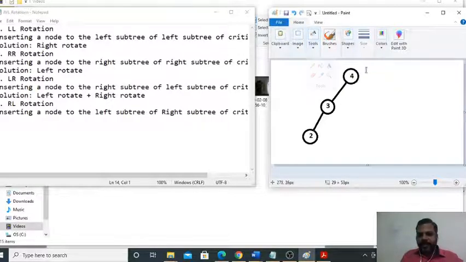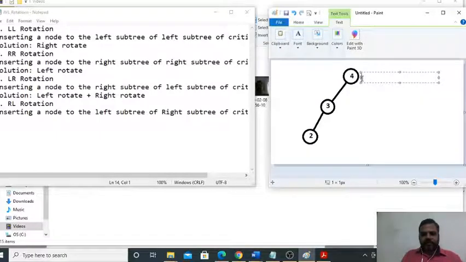Then we add the balancing factors. The balancing factor of 4 is 2, because the height of the left subtree is 2, minus the height of the right subtree of 4, which is 0. There is no right child to 4, so 2 minus 0 is 2.